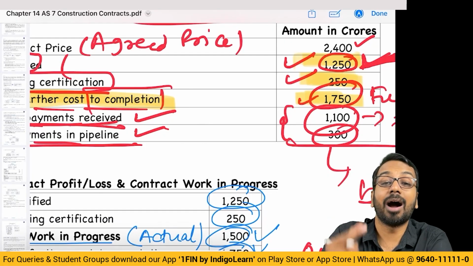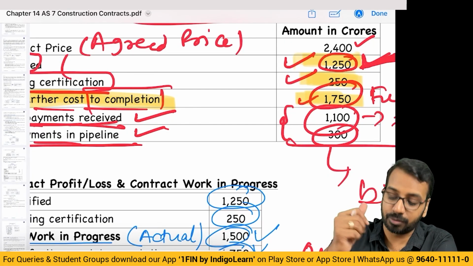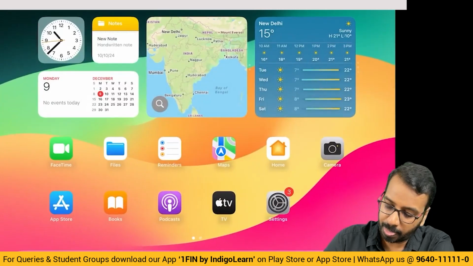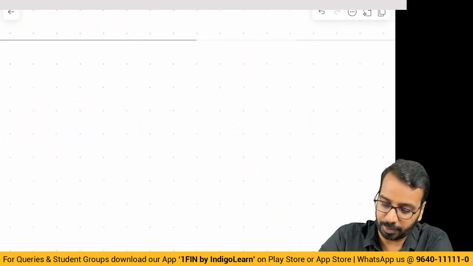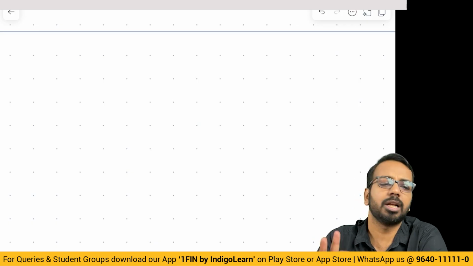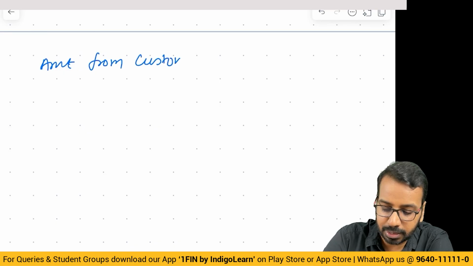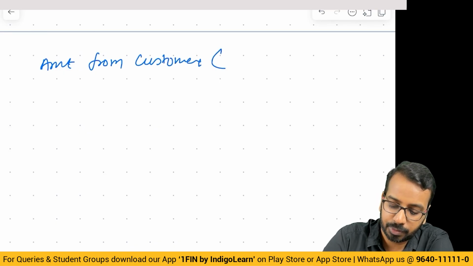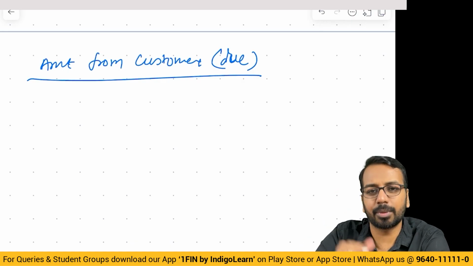Now we are saying how much amount is either due from the customer or how much amount we have to pay to the customer. Now think of it, in a normal scenario, again, no need to remember the formula. Amount from customer that I have to receive due, what do I collect from the customer?